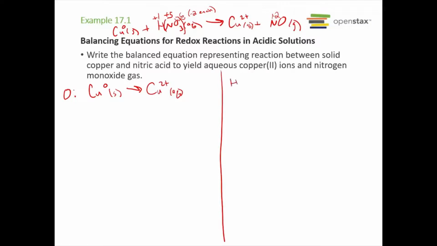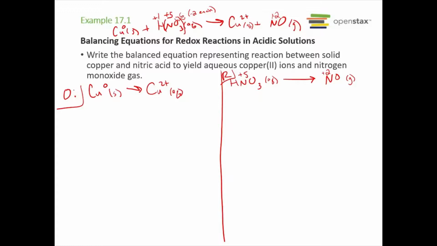And the nitrogen is reduced in that its oxidation number goes down from +5 to +2. So now we have our oxidation and our reduction sides. So we now have written our half reactions identifying the two sides of the reaction.